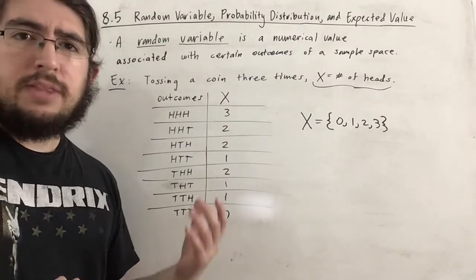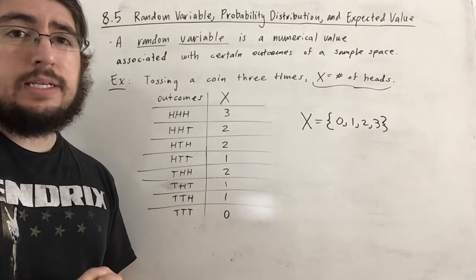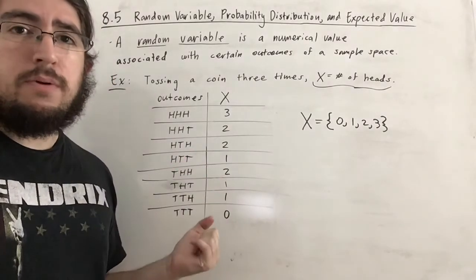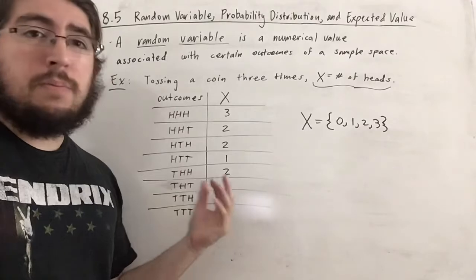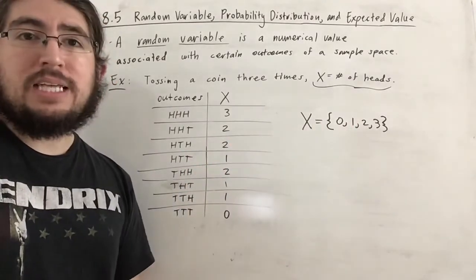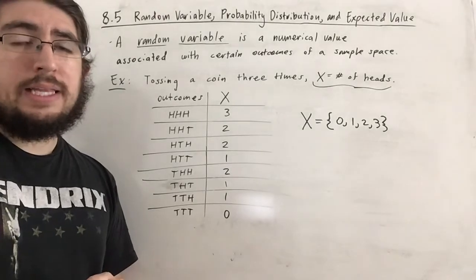That idea is a probability distribution, which is just looking at a random variable and seeing what probability is associated with each of the numbers in the random variable set. So now let's take a look at that.